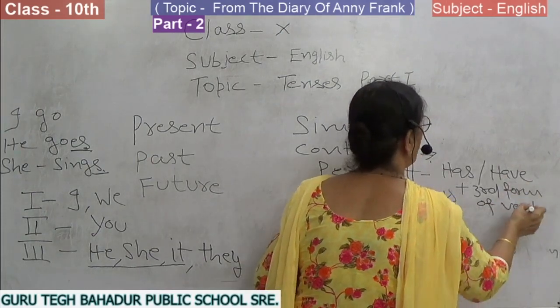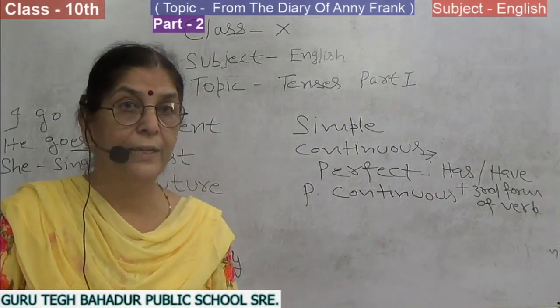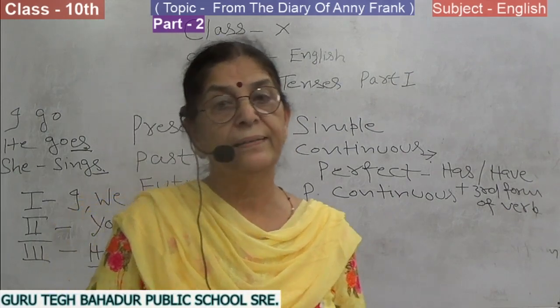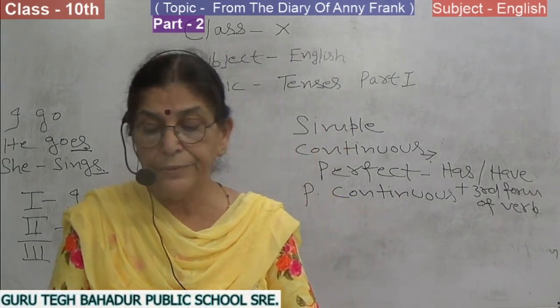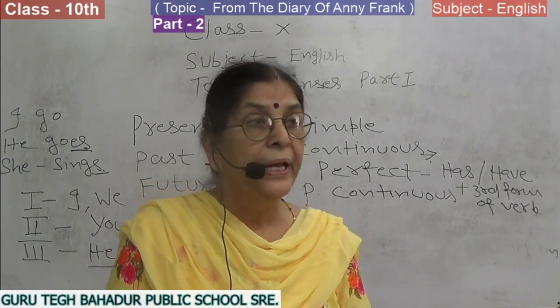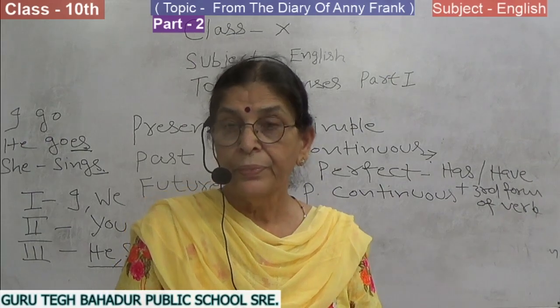Has and have you have to set according to the singular and the plural. Subject verb concord, subject verb agreement, you have to keep in mind. As far as its uses are concerned, here the work is completed in the present time.